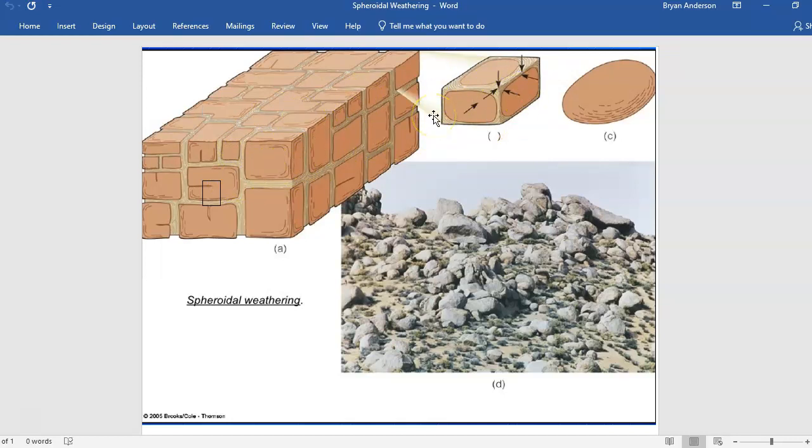So if we take a look at this one piece out of that example here, you can see that it gets progressively rounded right here as weathering forces act on it and round it away into this piece right here. Okay, so that process is called spheroidal weathering.